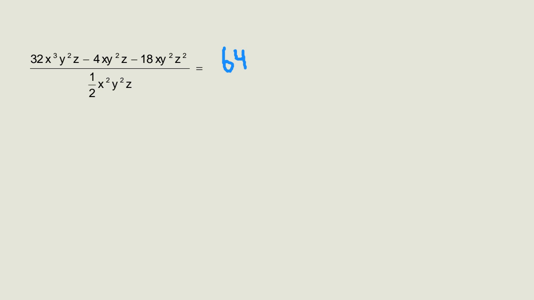And then let's deal with our x's. So I have x^3 minus 2, so that's an x. I have y^2 take away 2, so that'd become a y^0. Let's just write it anyway. And then I have z^1 take away 1, so that actually also becomes a 0. Then I have negative 4 divided by 1/2, so that'll become a negative 8, so that one at least stays a negative.